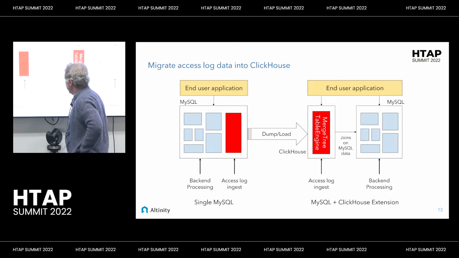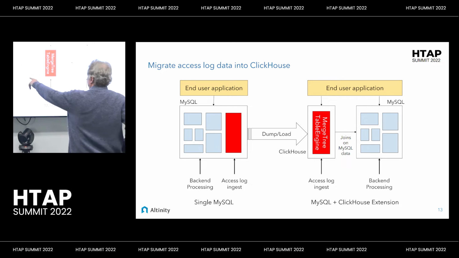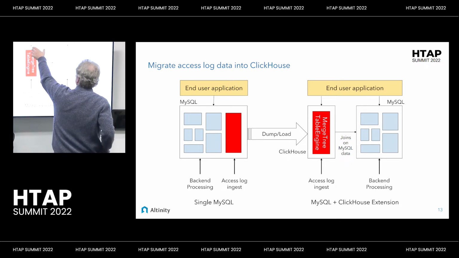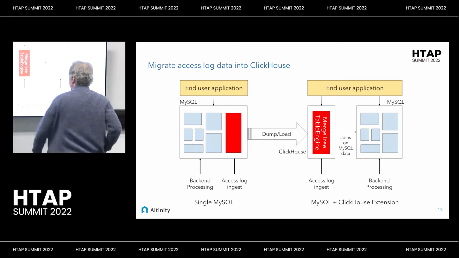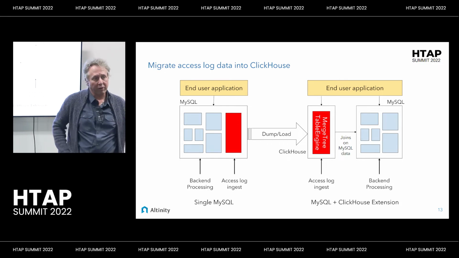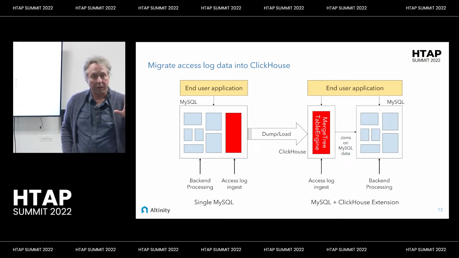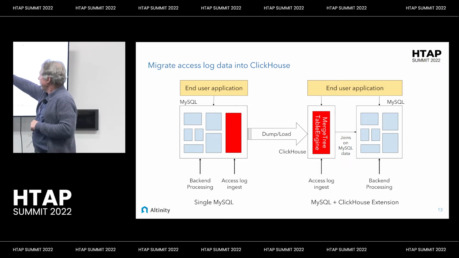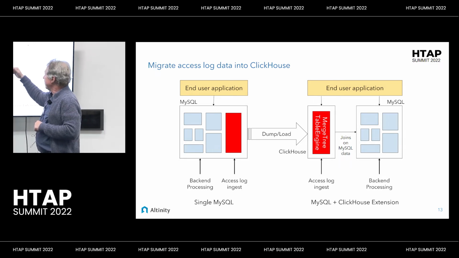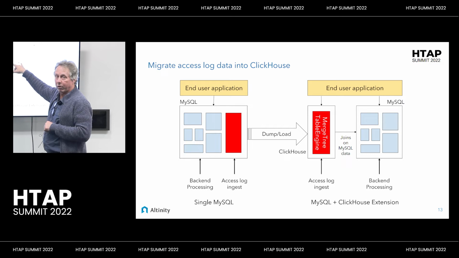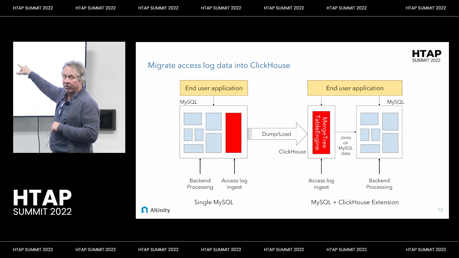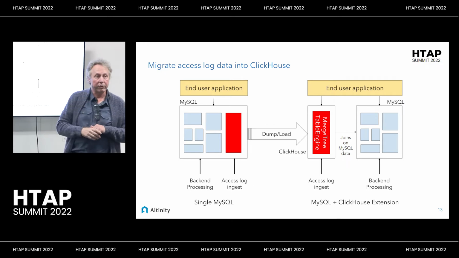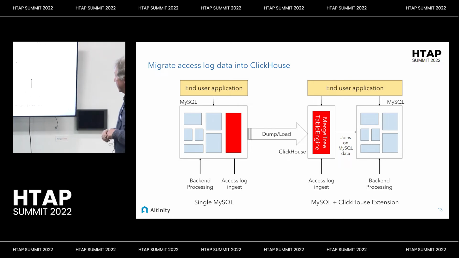Those can continue to live there, but we'll basically do a dump load, bring them over, and put only the tables we really need to do analytic processing on in ClickHouse. Then we're going to do something kind of interesting here. We're going to use ClickHouse's ability to look back at and read MySQL database tables, so we can actually join on the MySQL data. I'll show you how that happens in a second.